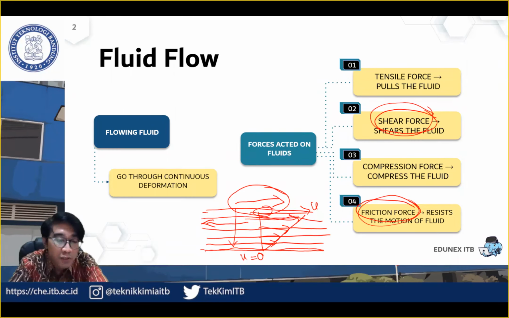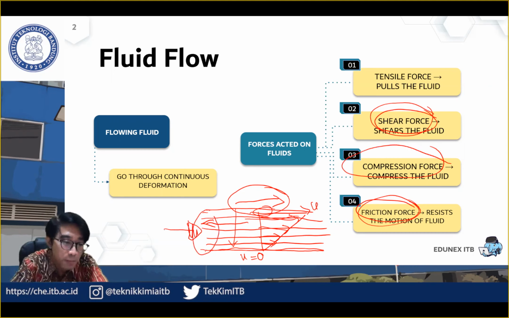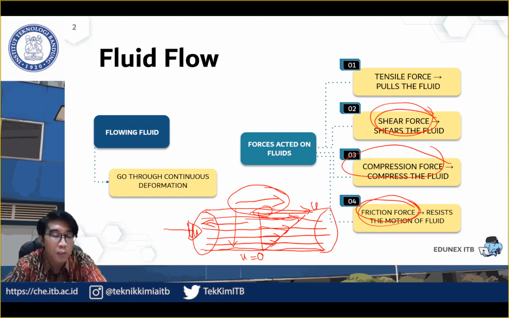Liquid can experience force from the middle, for example. We call it compression force. So, for example, you have liquid in the pipe, then you give pressure force perpendicular to the liquid. So it will give a different velocity profile.